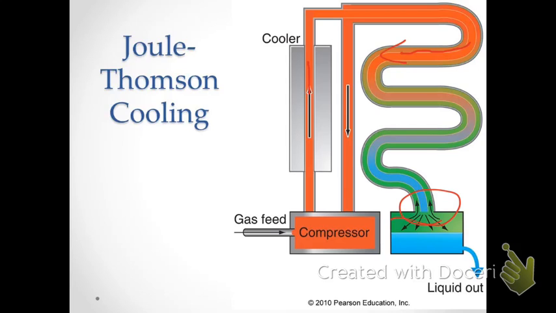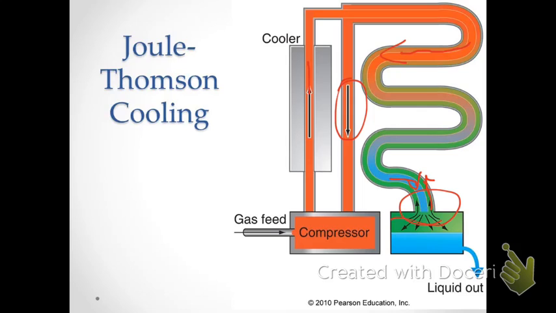If it remains a gas, then the remaining gas is fed back through the tube at the cooler temperature, and as it's fed back through, it exchanges heat with the gas coming through, so it actually helps to cool the gas coming in as the remnant gas passes back through. So this is a cyclic process. The remnant gas goes back into the compressor, is pressurized again, and continues to pass through.